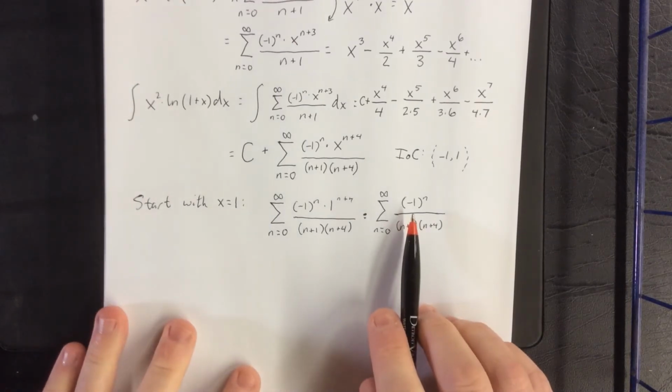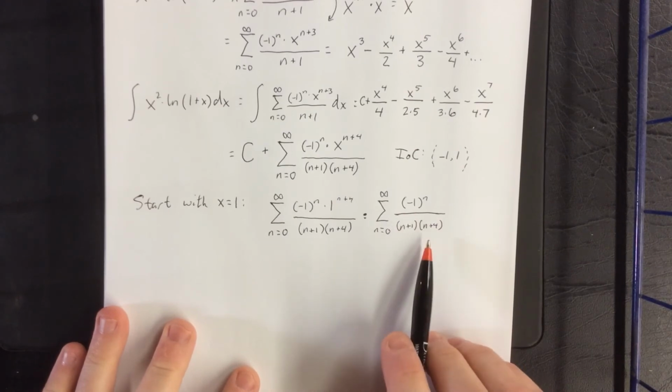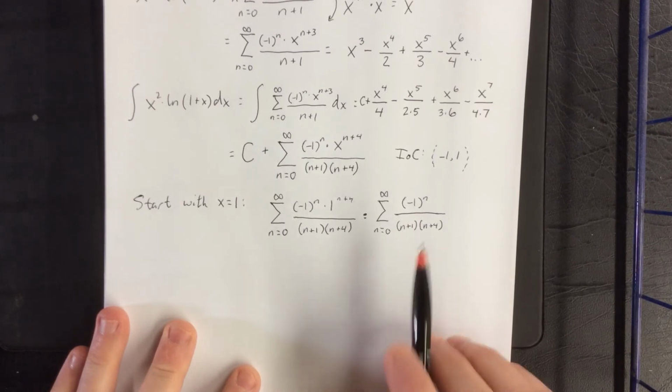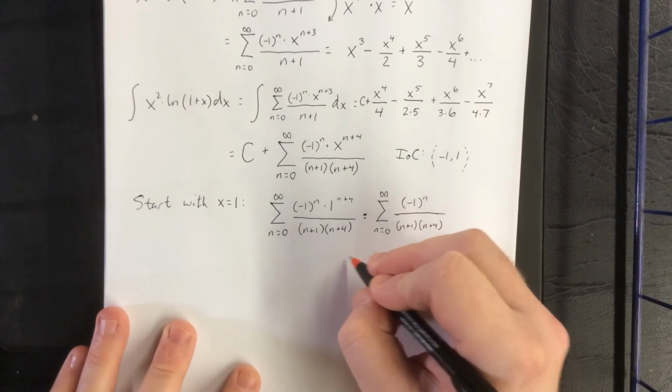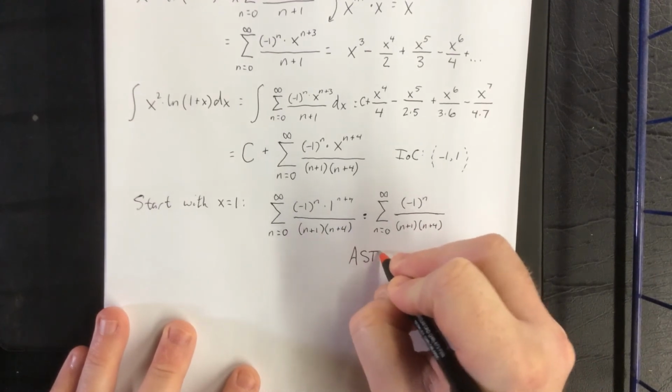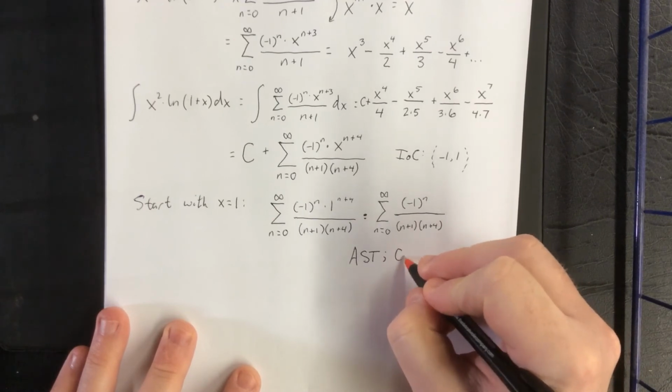You could use the alternating series test. That would work just fine. I noticed that your denominator, though, is going to wind up with an n squared, so what you could do is a comparison test to 1 over n squared. So possibilities, you could use the alternating series test. You could do a comparison test.